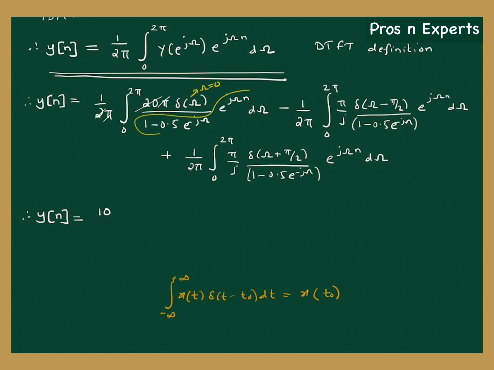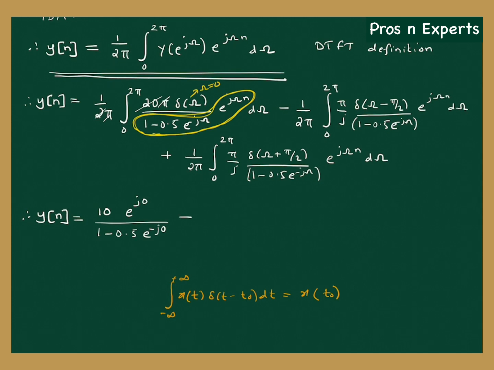So all the other function will be evaluated at omega equal to 0. So put omega equal to 0 wherever you find omega in this function. So I can write it as 10 into e raised to j0 divided by 1 minus 0.5 e raised to minus j0. That's all about the first term.